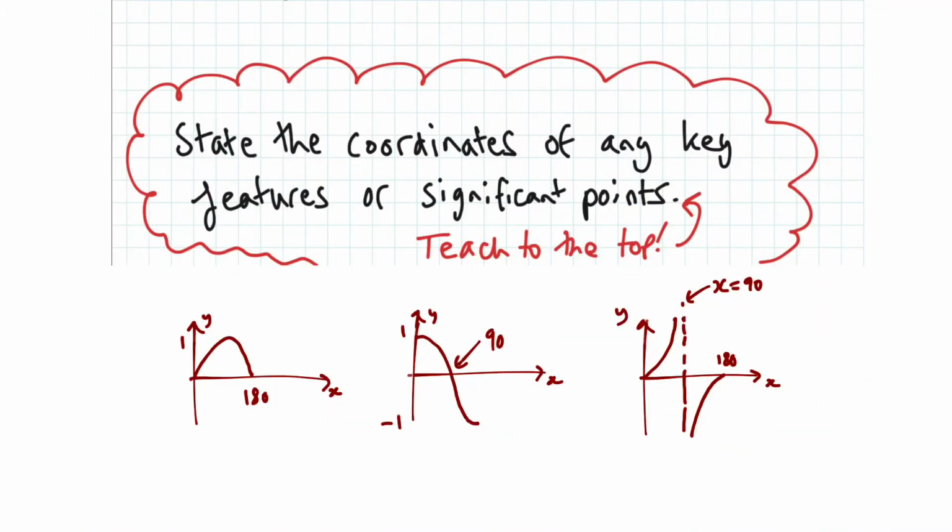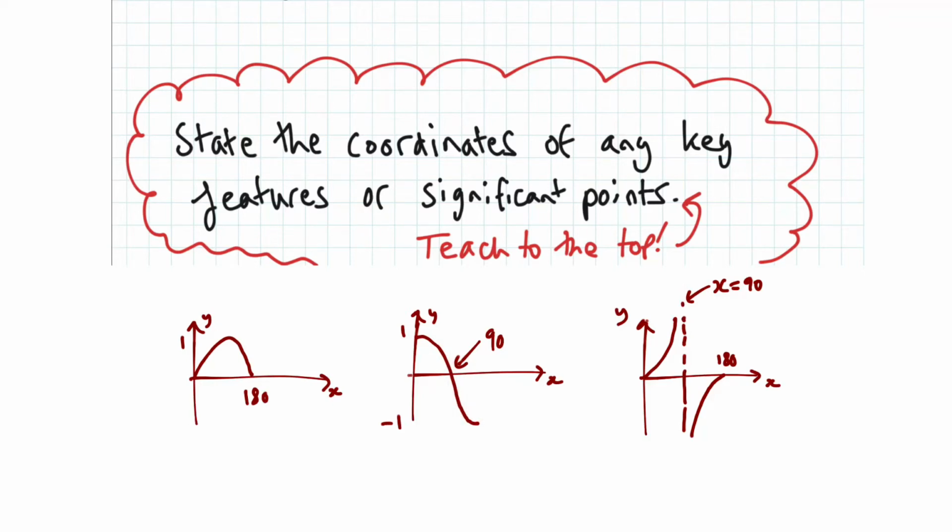Now if I talk about these graphs that I've drawn here, I've got sine, cos and tan. I'll just highlight the key features. I'm going from 0 to 180, so 0 to 180 here, and it goes up to the 1 and then back down to 0 again on the y-axis. That's a sine curve. The cos graph for the same period of 0 to 180, 0 being here, 180 being here, starts at 1 and goes through 0 and down to -1.